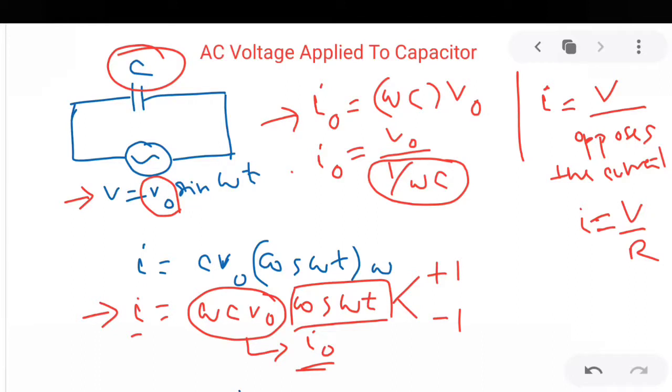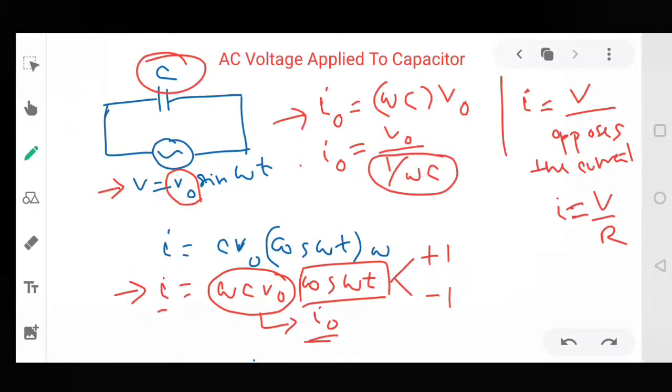Okay. Now this 1 by ωC, for a capacitive circuit, is called capacitive reactance. Okay. So this term 1 by ωC, the term which opposes the alternating current in a circuit with a capacitor, is called capacitive reactance.